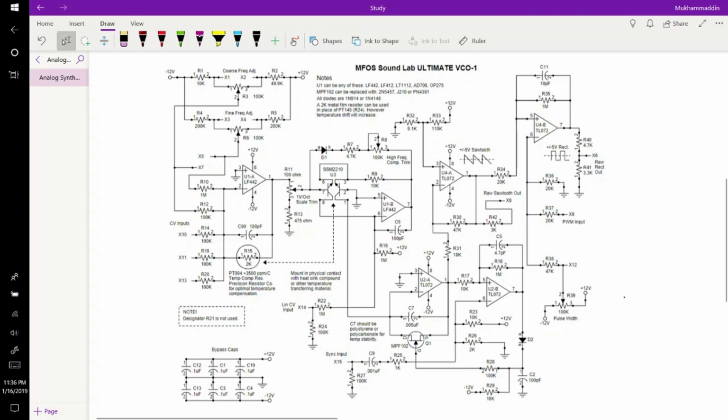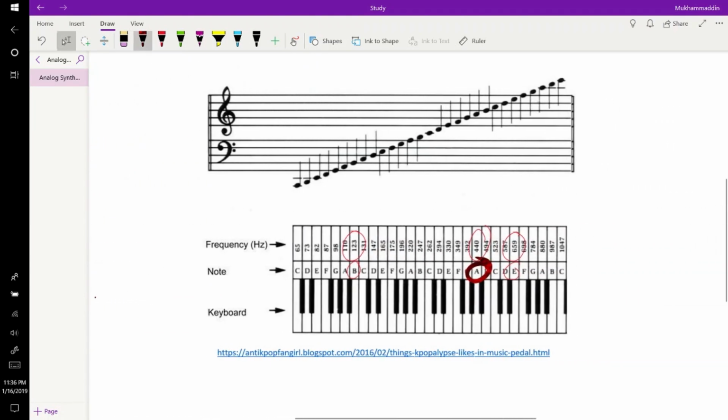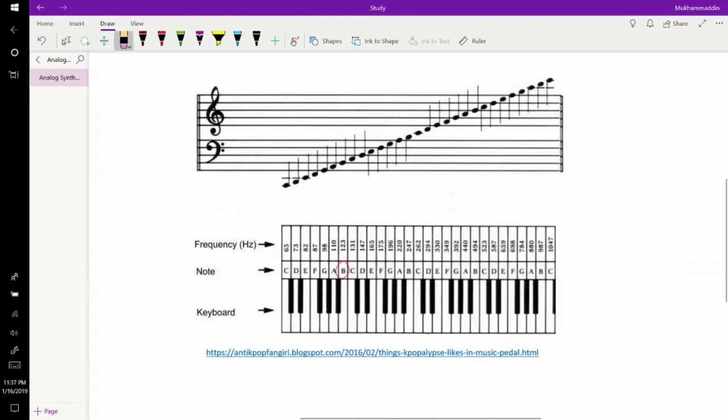Now, another important thing. Look at this note A, this one, and this one at their corresponding frequencies. So 110, 220, noticing something? 440, 880.